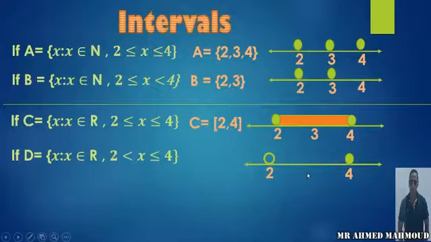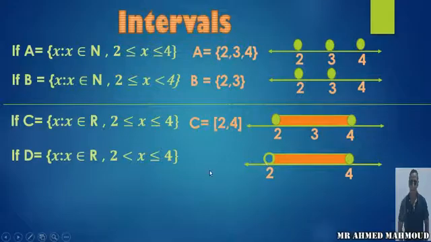Here I need not write 3 like the previous example. I need only to write the start and the end, the limits of the interval, and I will shade, of course, between them. Now in this interval, I have 4 and the numbers between 2 and 4, but I haven't 2.